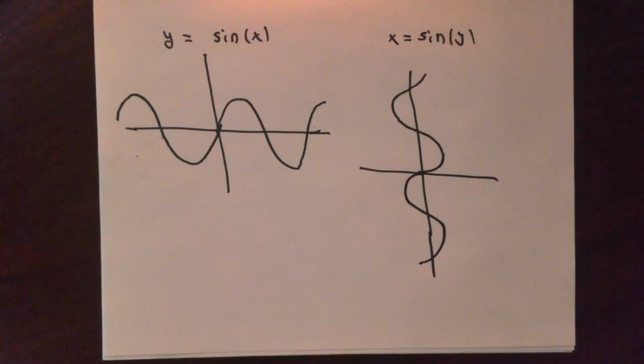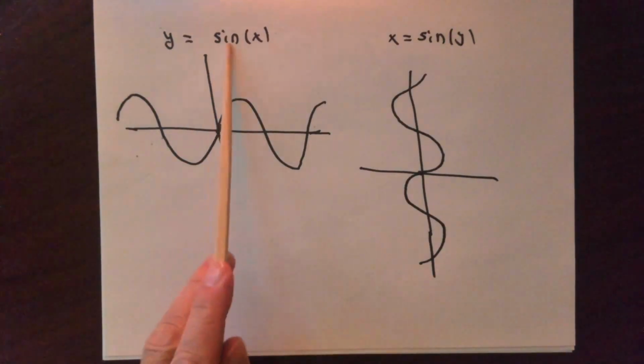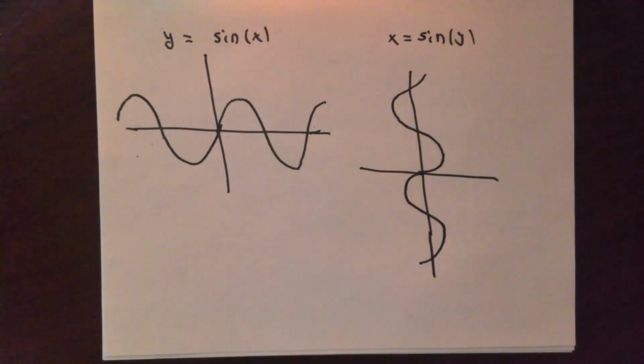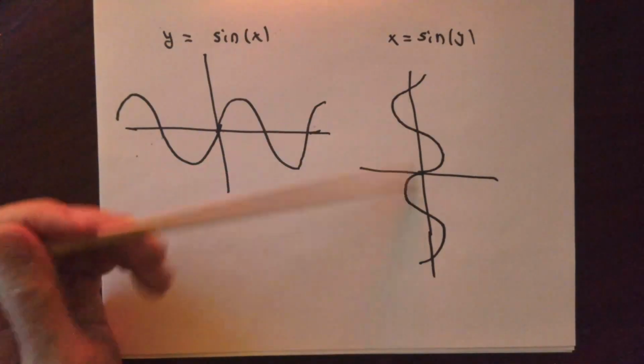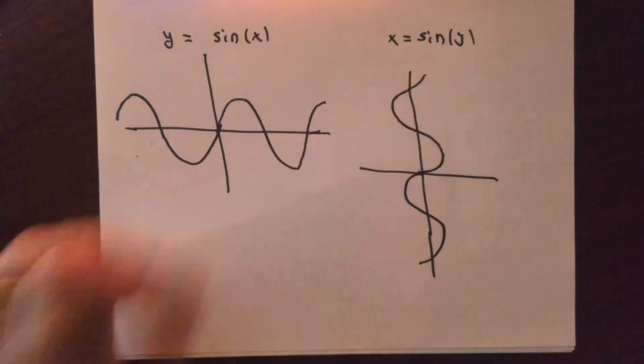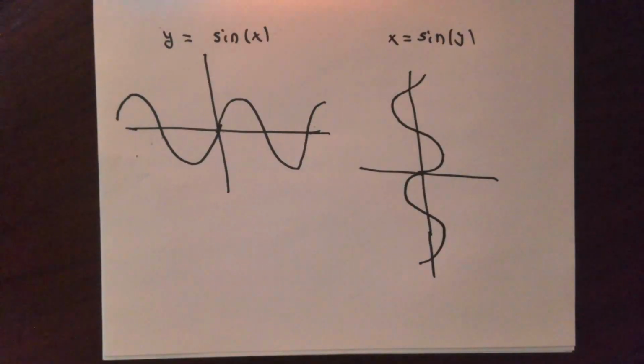So the graph of the inverse function to this would be not the graph of y equals sine x, but the graph of x equals sine y instead, whose graph looks like this. Unfortunately, that's not the graph of a function. This picture fails the vertical line test, so it doesn't represent the graph of a function.